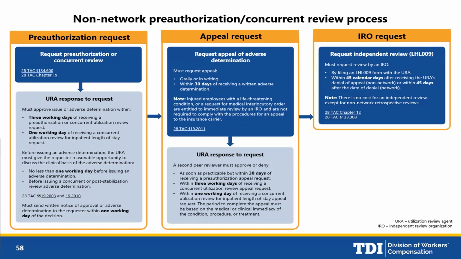The first big step is submitting your pre-auth request to the insurance company, specifically the utilization review agent. And then if they deny, you appeal, and then you ask for an IRO. There's more information on this chart that you got in your handout that will be posted next to this webinar, so you can get a full page of this.